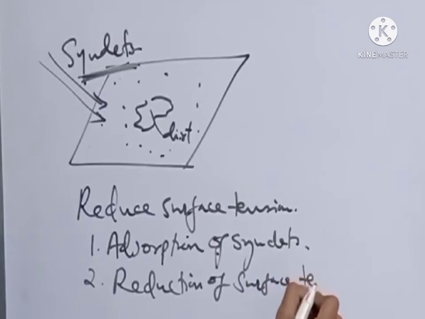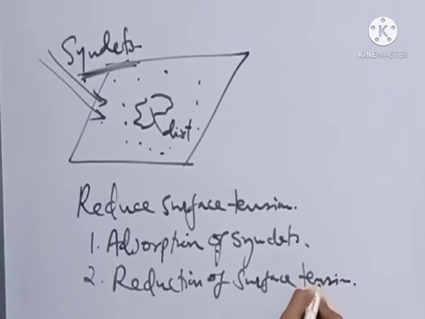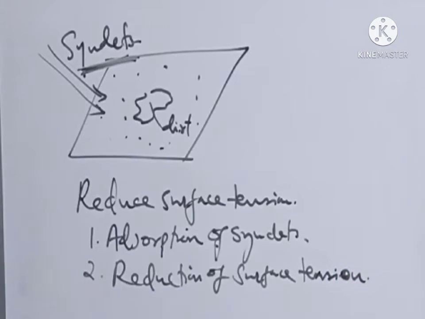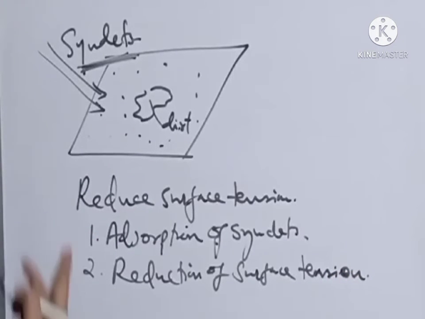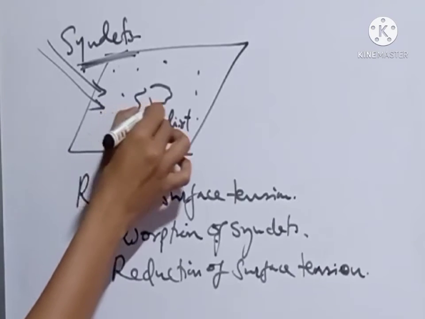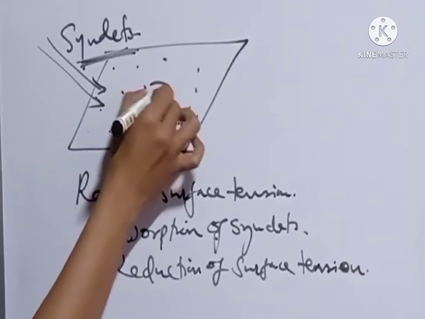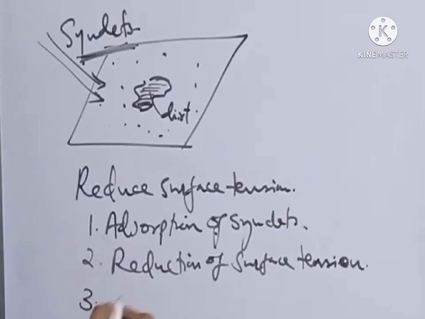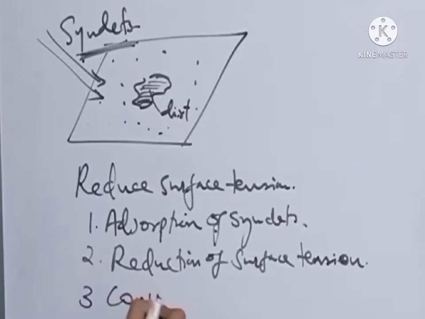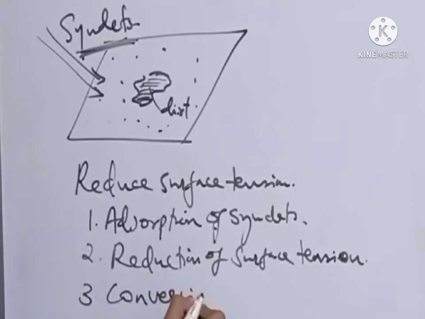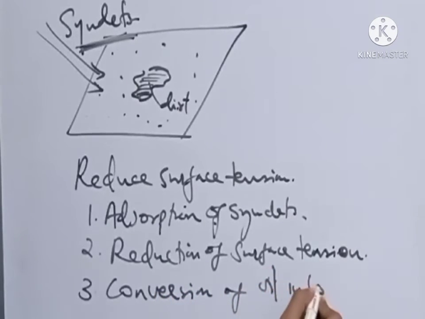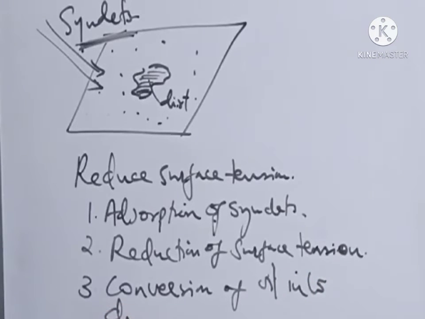When surface tension reduces, the dirt molecule or the oil molecule converts into droplets. So there is conversion of oil into droplets.